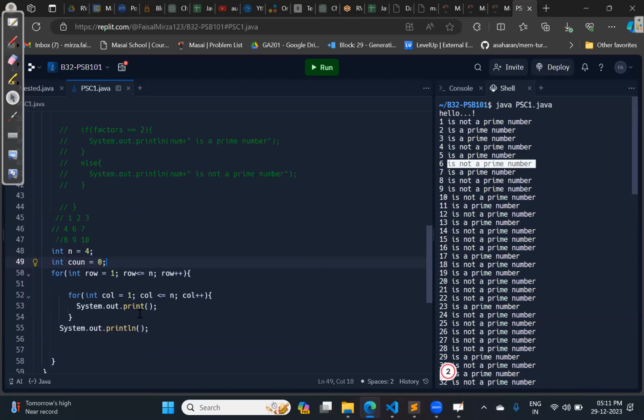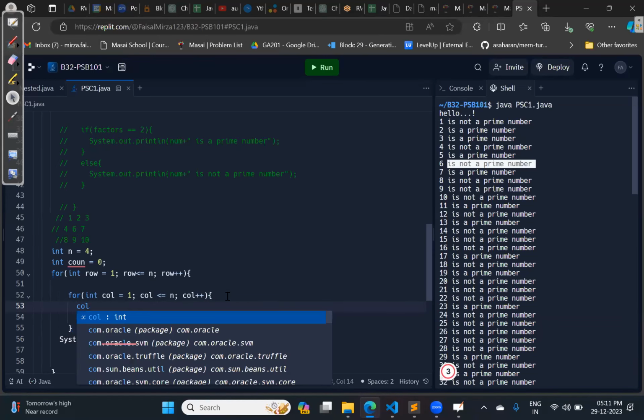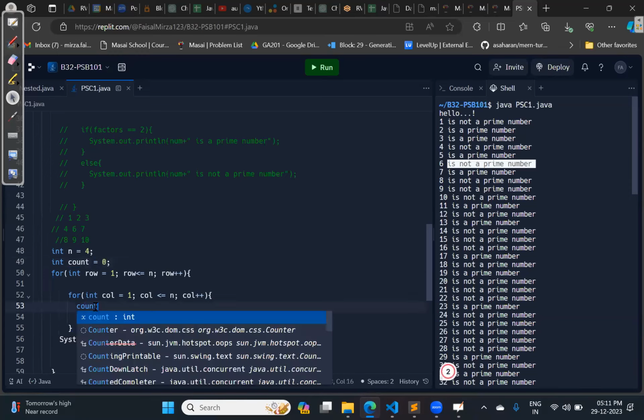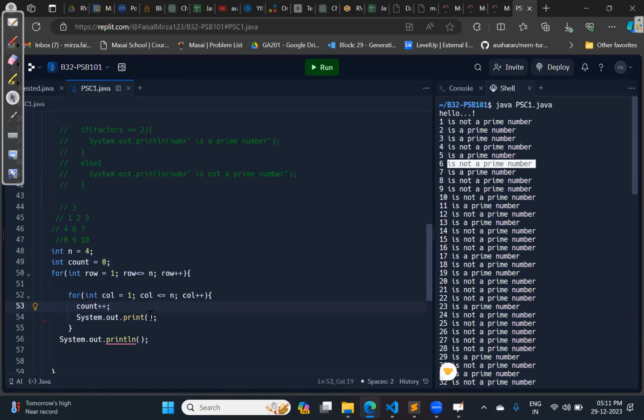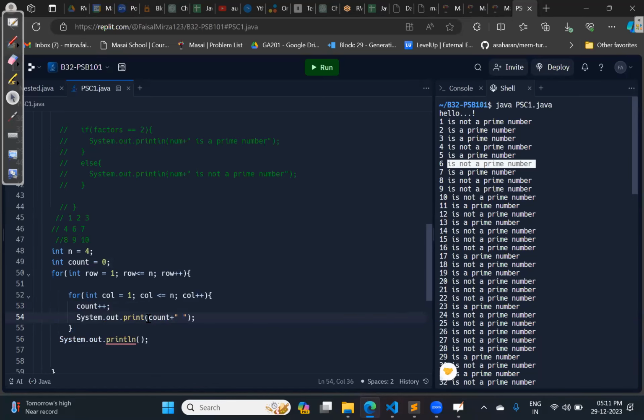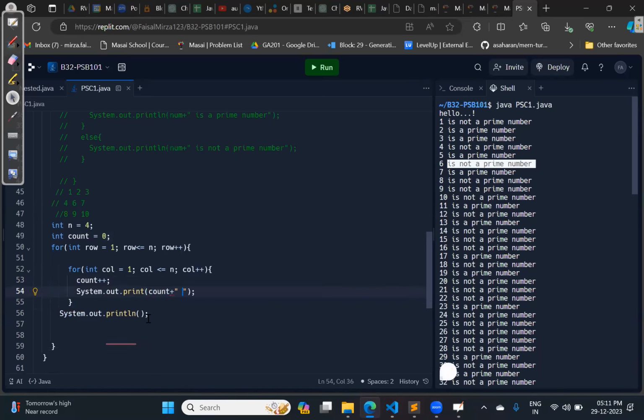Then in the column loop, count plus plus. And we can print the count value here. And after that, the next new line will be created by println.